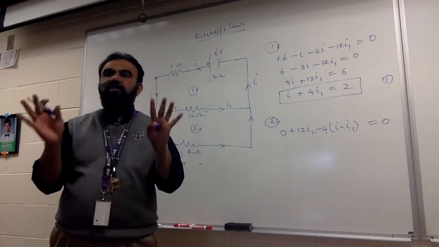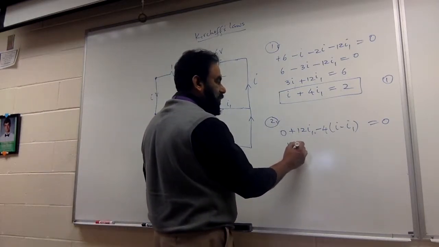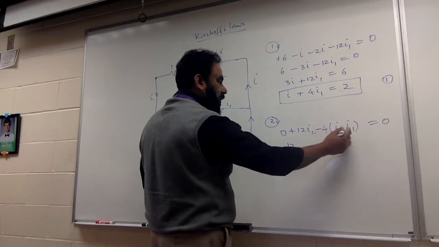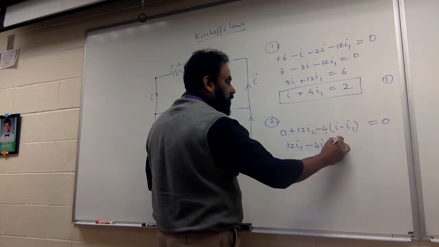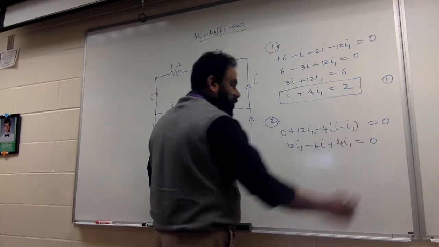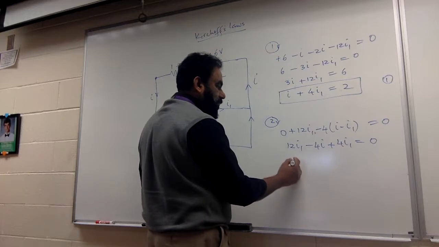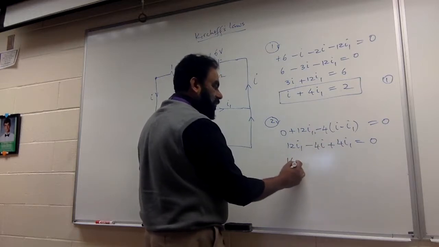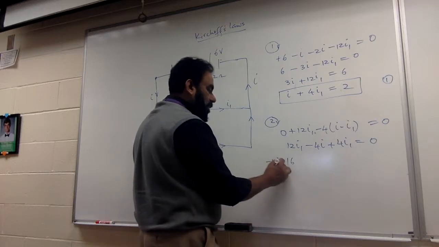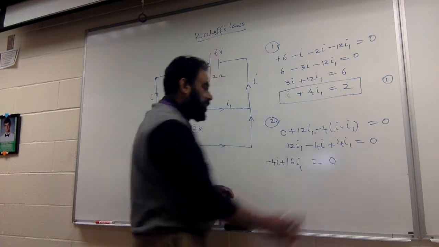Now simplify this and make it neat. So 12i1 minus 4i plus 4i1 equal to 0. So this makes it 16i1 minus 4i equal to 0.